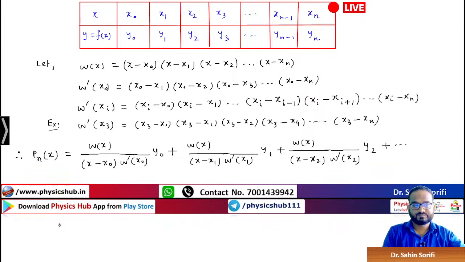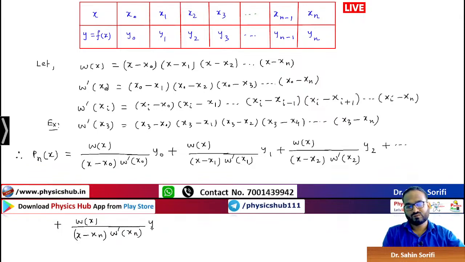Plus w of x, what will be the last term? Divided by (x minus xn) w prime of xn, yn. Okay, so we can find a pattern.